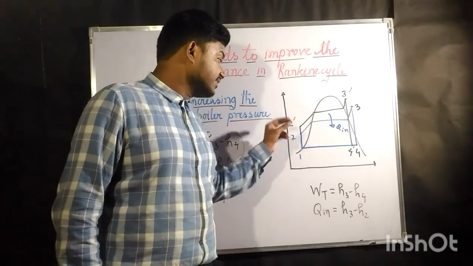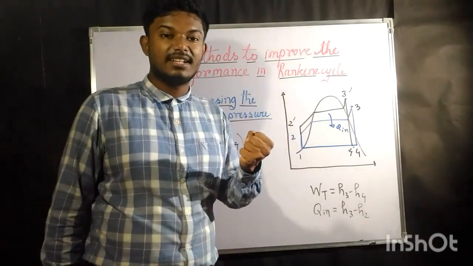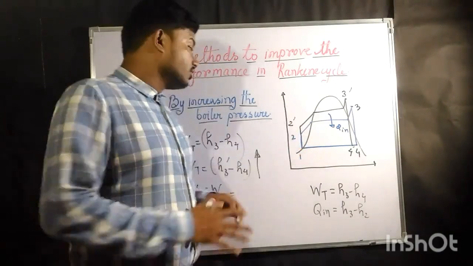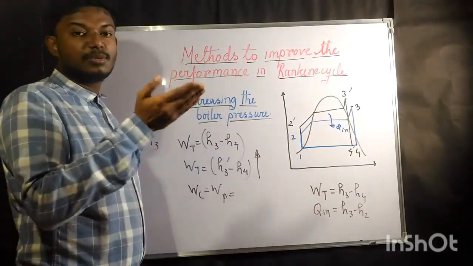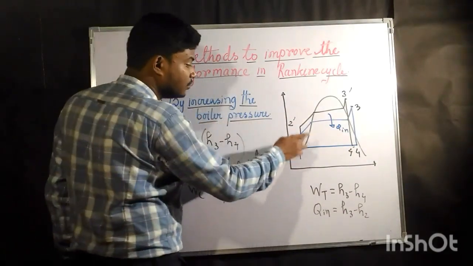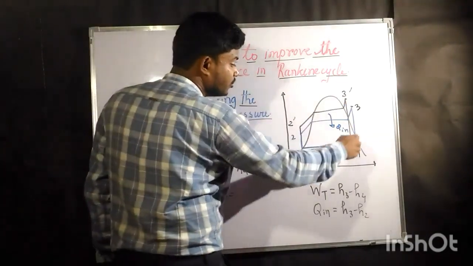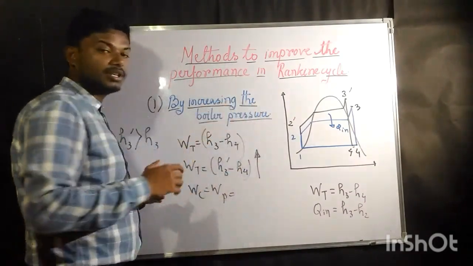But since it is at lower temperature and compression is not there, 1 to 2 is just the increase of pressure. Similarly, 1 to 2 dash is the compression for the second cycle after increasing the boiling pressure.